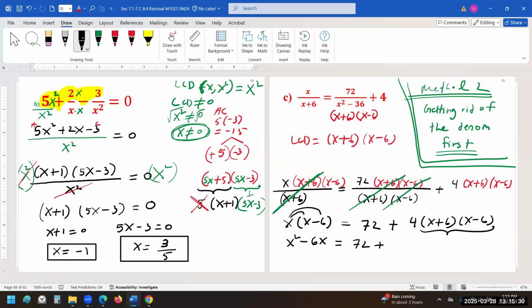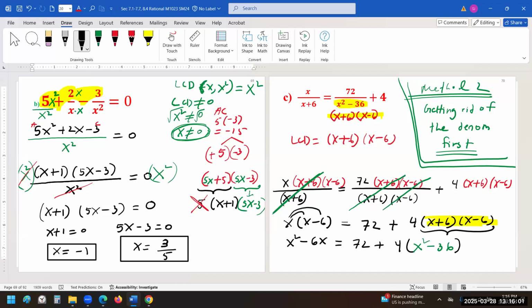Before distributing, we need to multiply these two. So we get 4. If you multiply conjugates, what do you get? You're multiplying this. So if you multiply them, what are you supposed to get? x squared minus 36. If you don't see it, no problem, use FOIL. But if you want to save time, don't use FOIL.